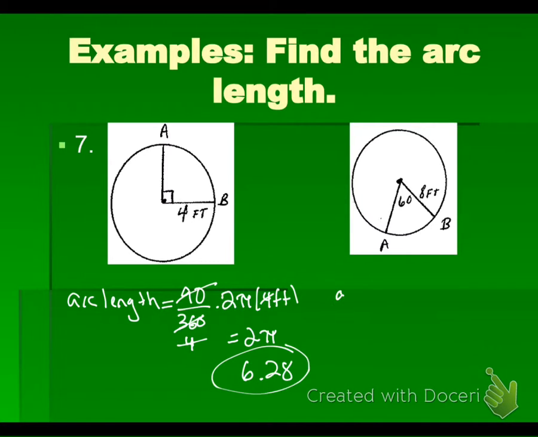Okay, our last one real quick. Arc length equals 60 over 360 times 2 pi 8 feet. This deserves feet on it as well. What value do you get when you do that?